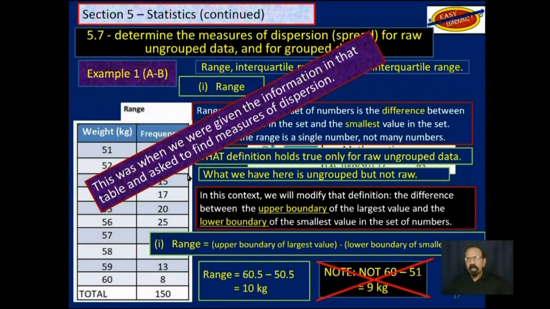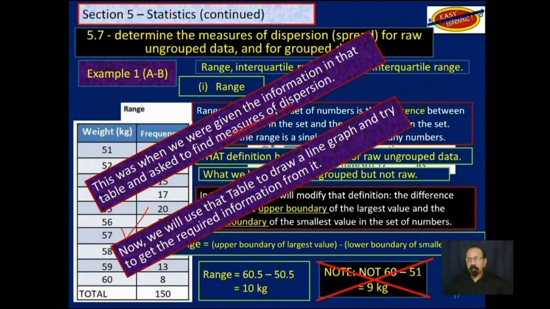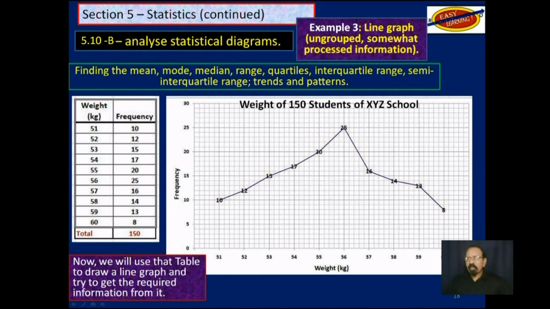This was when we were given the information in this table here, and we were asked to find measures of dispersion from the table. Now, that table was used to draw a line graph, and we have to find certain information from the graph. So if that table were used to draw a line graph, this is what it will look like.